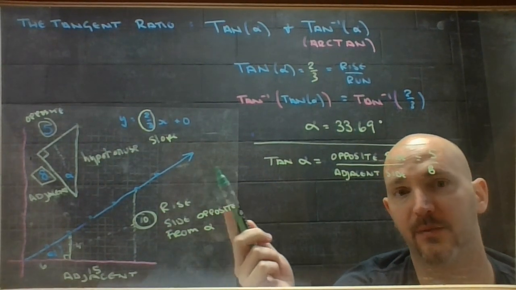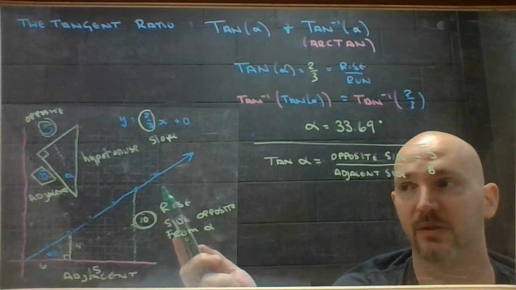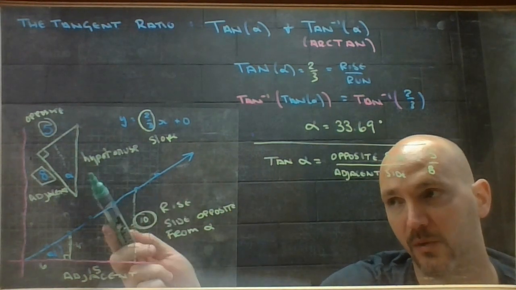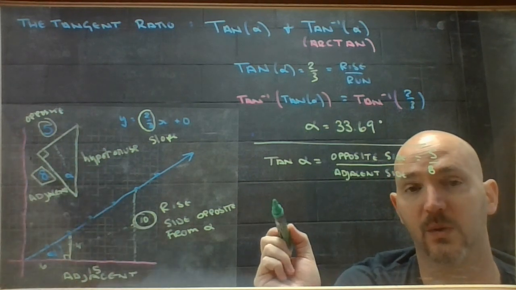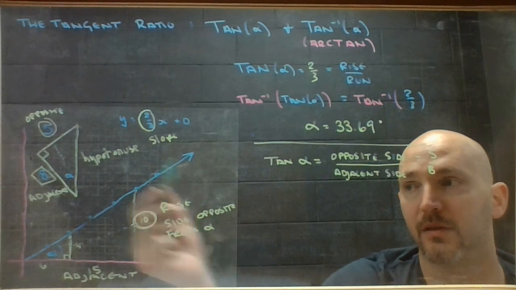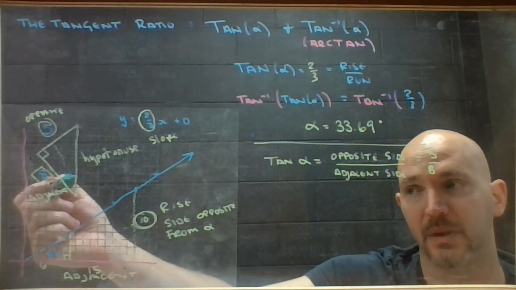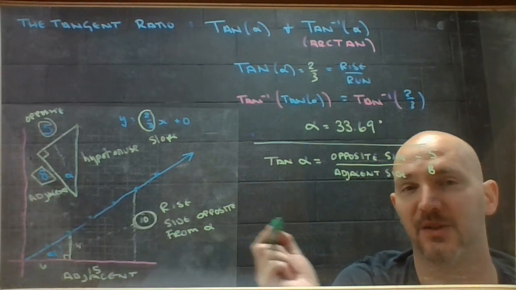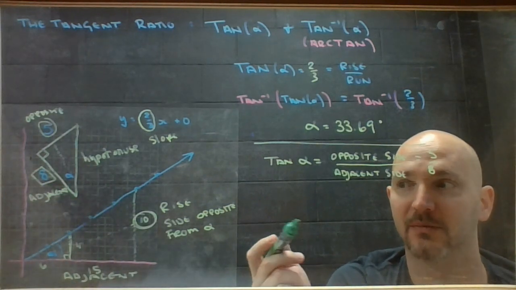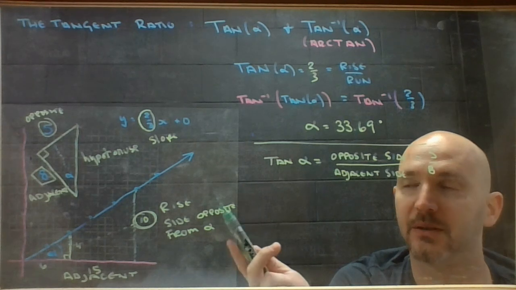So when you're trying to figure out which side is which, the hypotenuse is always the longest side. It's always the one across from the 90-degree corner. The opposite will be the one that is not touching the angle you're working with, and the adjacent is the one that's left over. I think that's the easiest way to think about it.